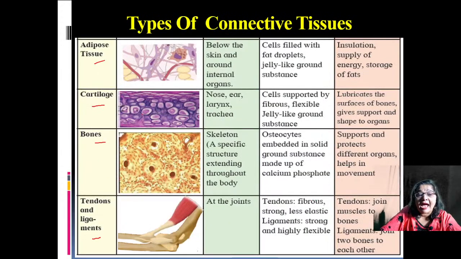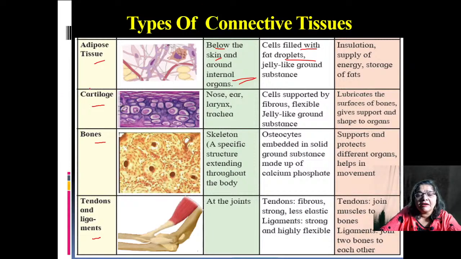The next type is the adipose tissue. Adipose tissues are generally located just below the skin, and of course around the internal organs. They mainly store fat inside the cells. The cells are filled with fat droplets, and the matrix is jelly-like, that is the ground substance.